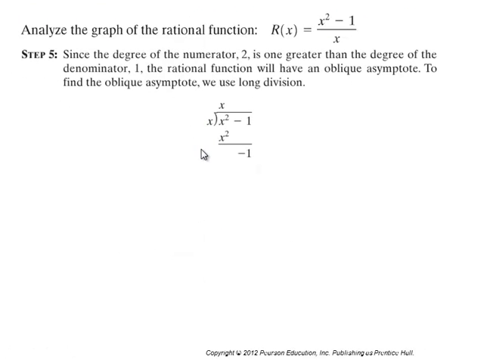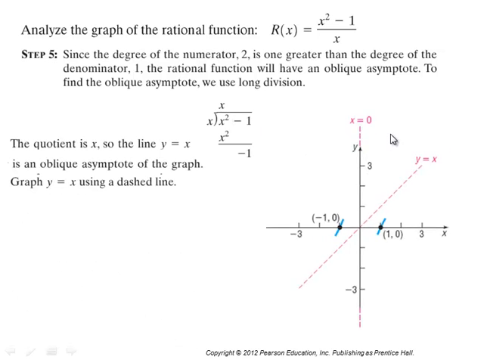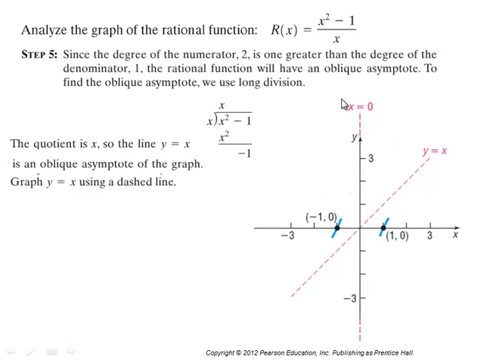Now, because this rational function is not a proper fraction, we can divide the numerator by the denominator. And when you do that, you get x with the remainder of -1. So x minus 1 over x. So y equals x will be the oblique asymptote. So you can go ahead and sketch that line, which is the graph of y equals x.